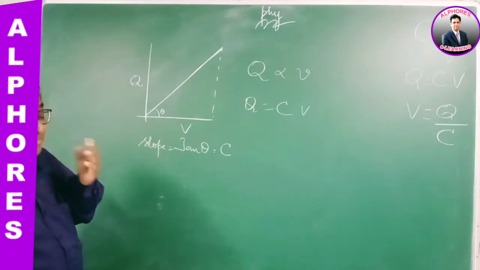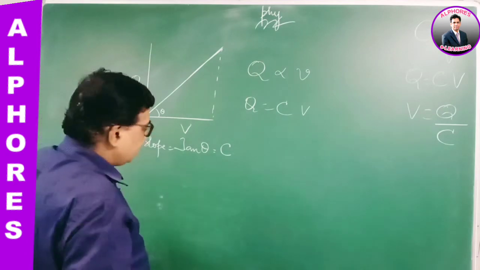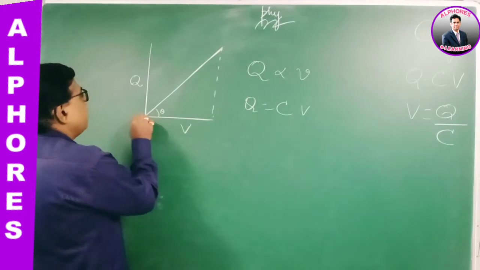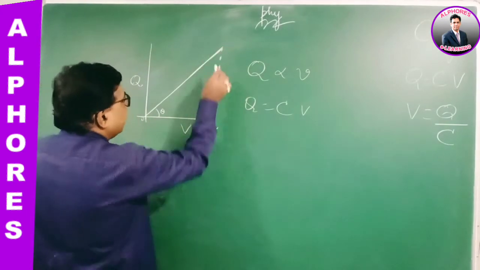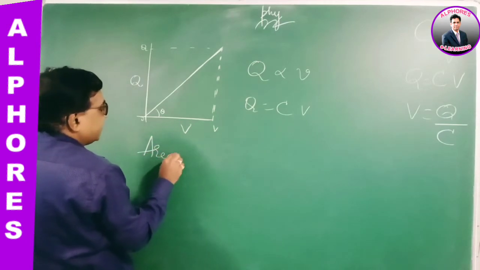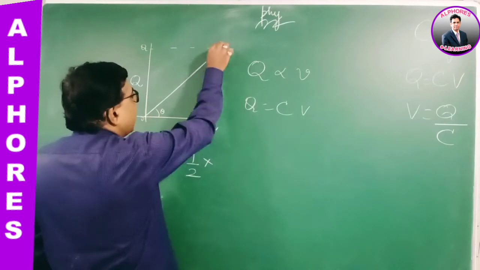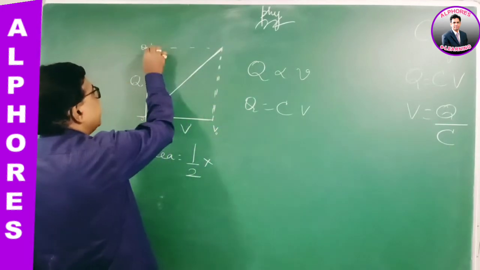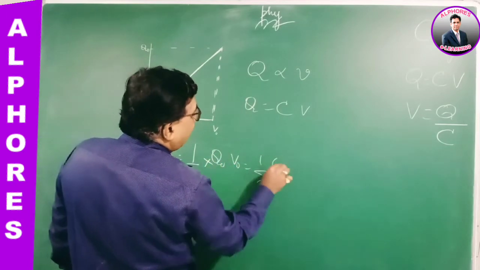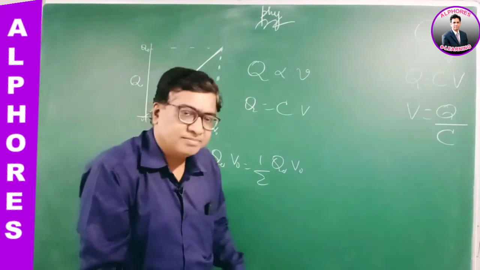Now if you take the area of this graph, starting from 0, with V on one axis and Q on the other, it's a triangle, so the area is half base into height. Base is V0, height is Q0, so it's half Q0 V0. This is nothing but the energy stored in a capacitor.